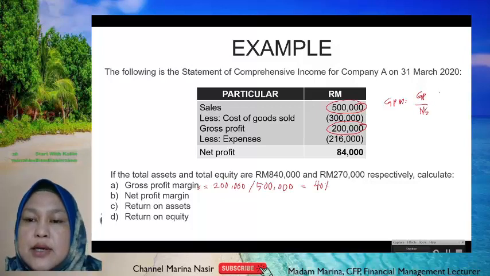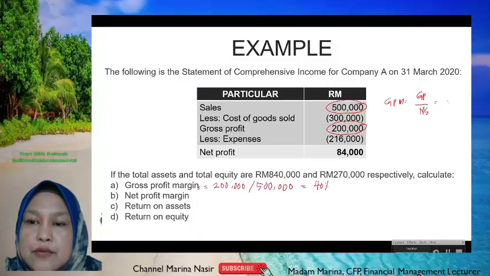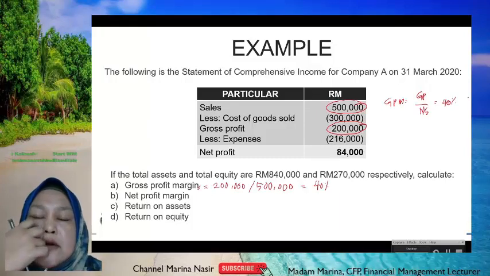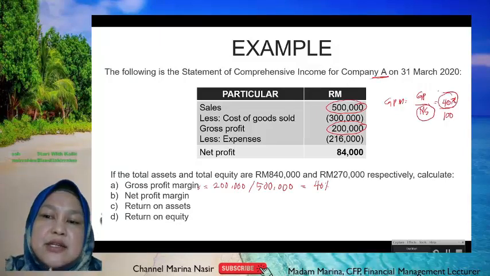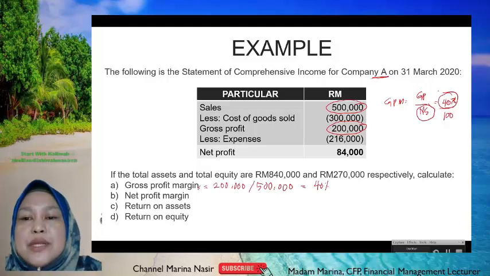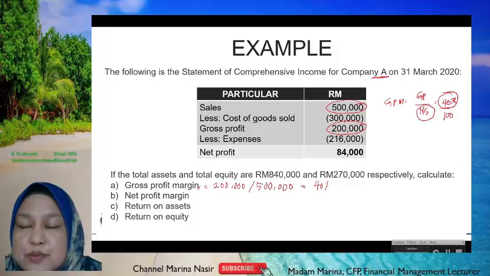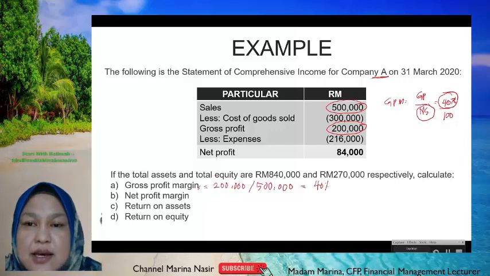Now we get 40%, which means that for every 100 ringgit of sales, company A can generate 40 ringgit gross profit. That's how to interpret gross profit margin.